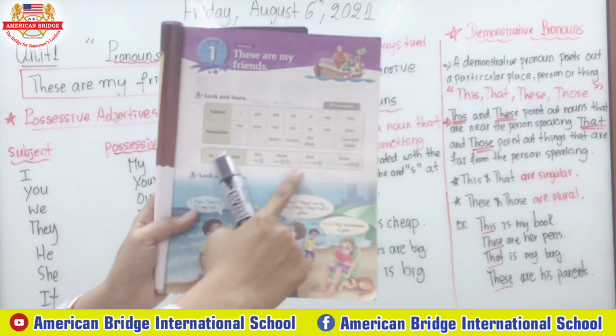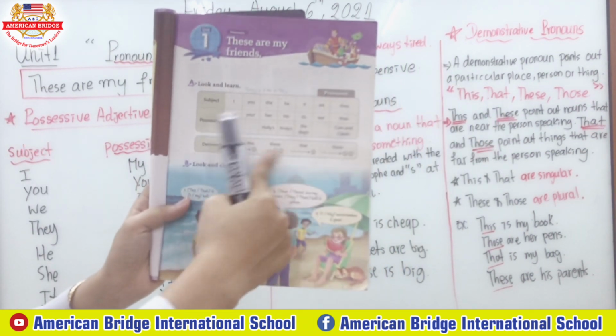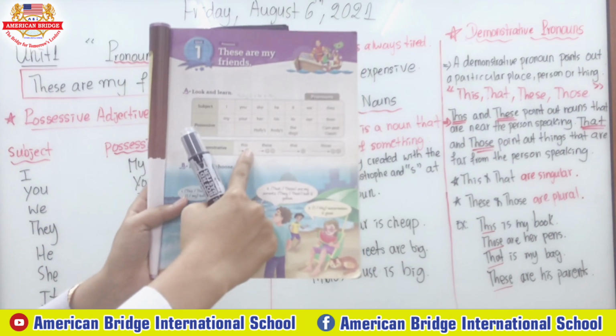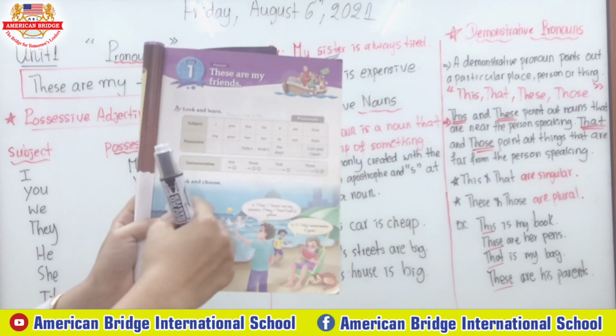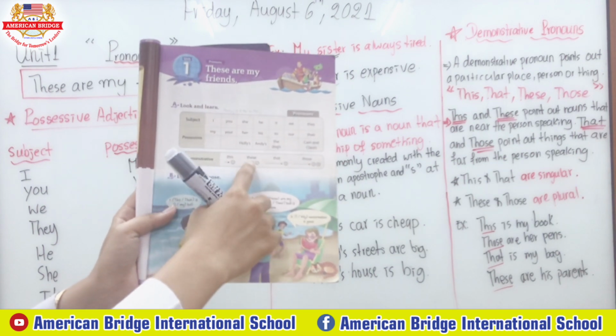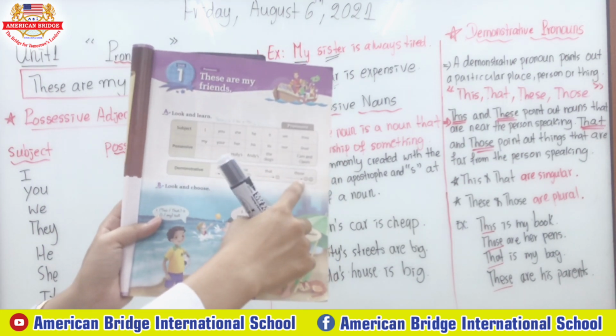For the demonstrative pronouns that you need to know, you can also look at your book, everyone. Here are the demonstrative pronouns. We have this, these, that, and those. Again, we have this, these, that, and those.